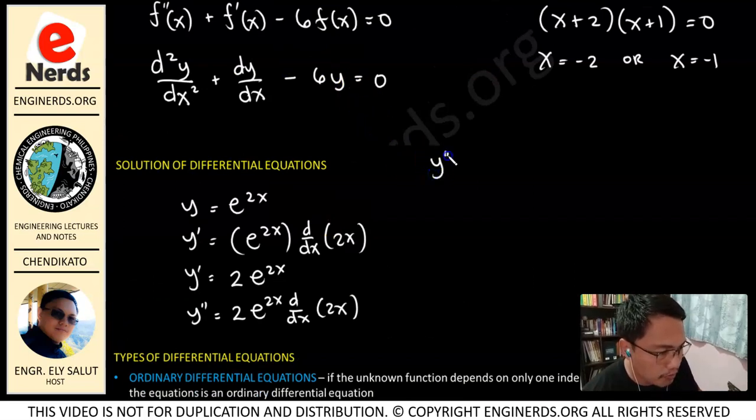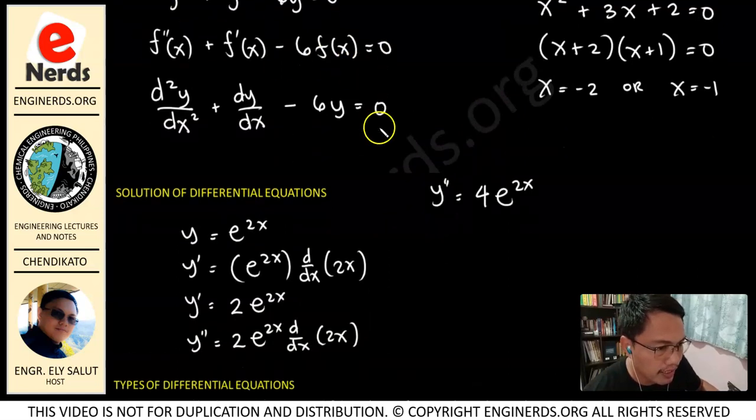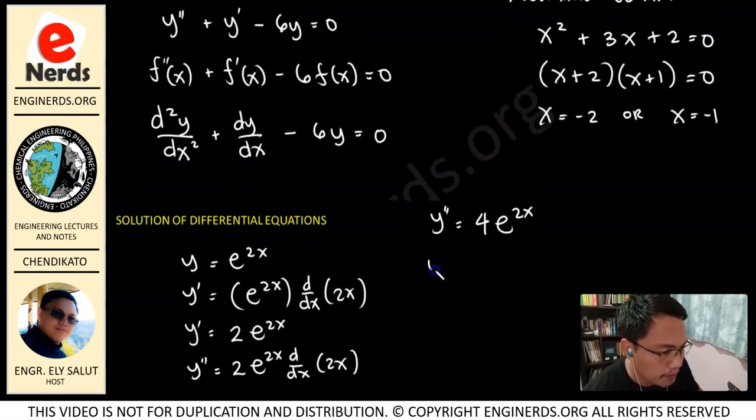So our y double prime is equal to 2 times 2, which is 4, so we have 4e to the 2x. Okay? So our y prime is 2e to the 2x and our y double prime is equal to 4e to the 2x. Now we're going to substitute that here. So we have y double prime plus y prime minus 6y is equal to 0.